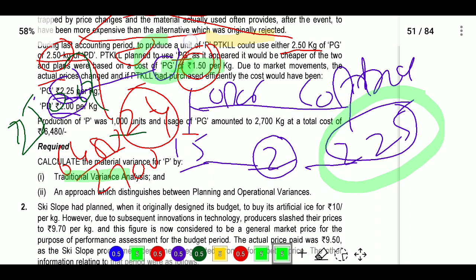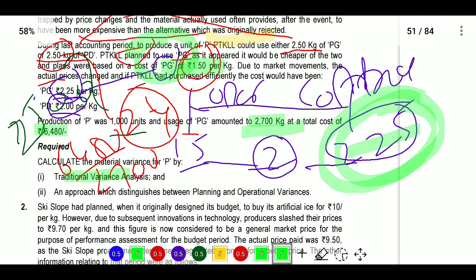It was budgeted at this, and it was revised to this one, but we are purchasing at 2.4. How did we get the 2.4? 6480 divided by 2700, that is the revised price. So 2500 minus 2700 into 2.25, this is the case.